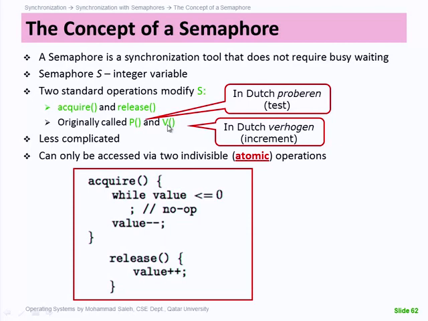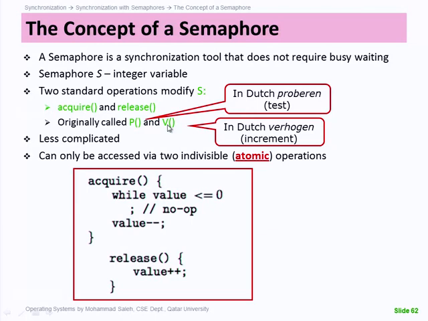Now, if I have that kind of restriction in my application for the value to be either 0 or 1 only, and knowing that the initialization of this value is 1, then I can say 1 models unlocked, 0 models locked.